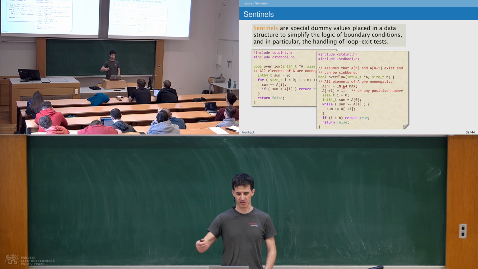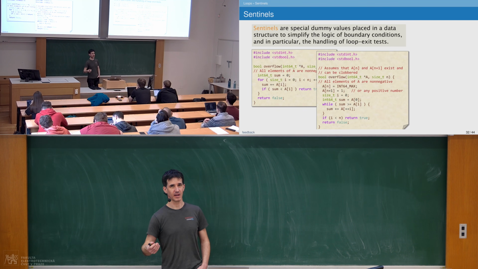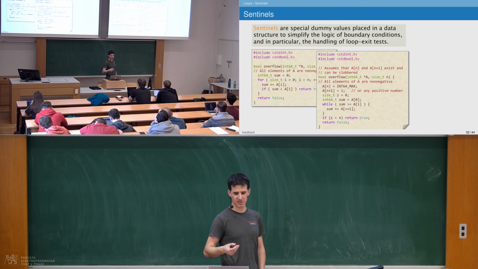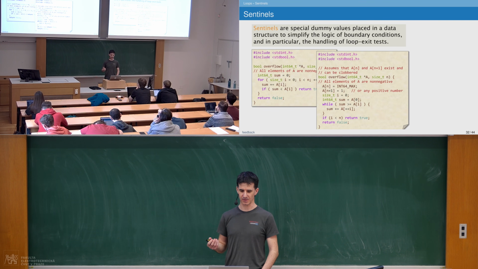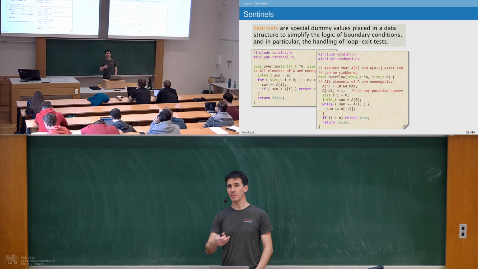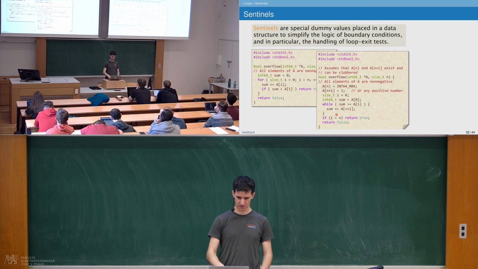In this case, this will be the highest possible integer number, and having this highest integer number there ensures that there will be integer overflow, and this is what these conditions check for.